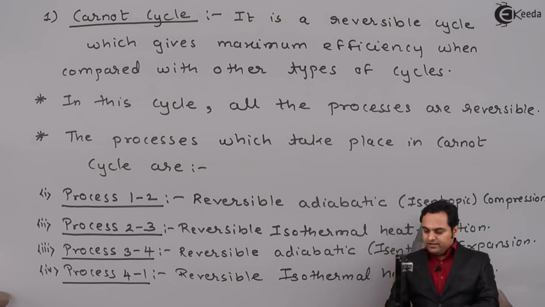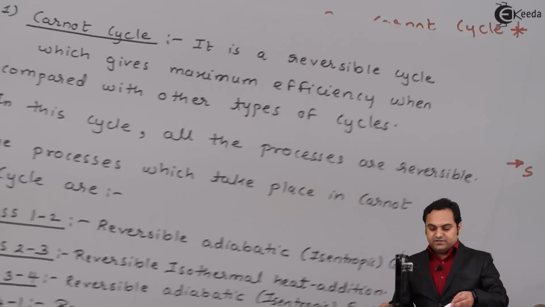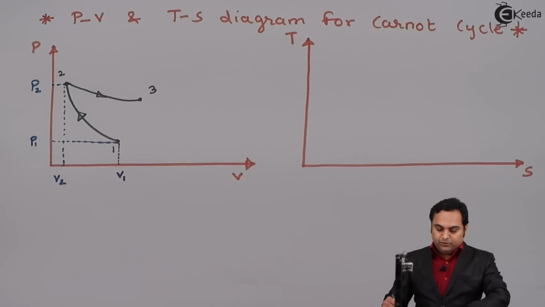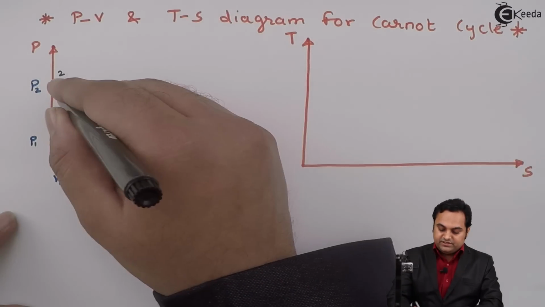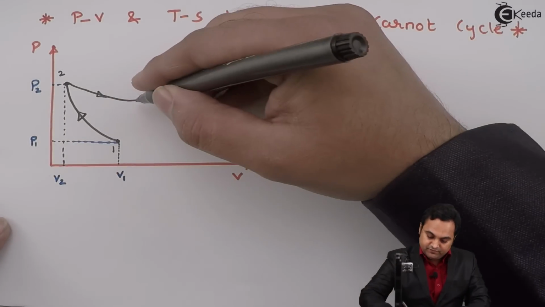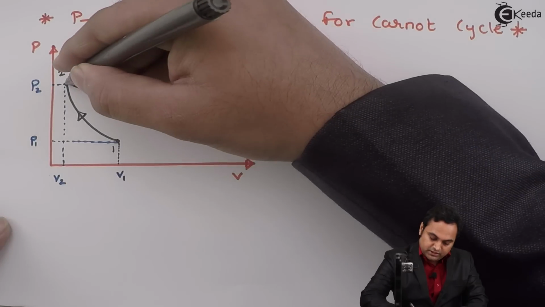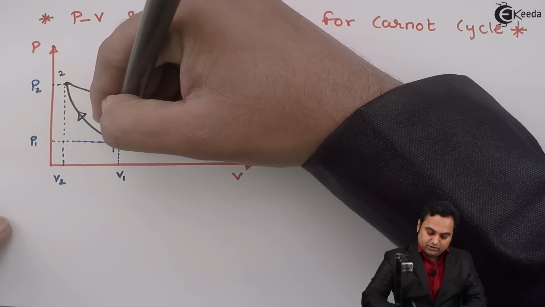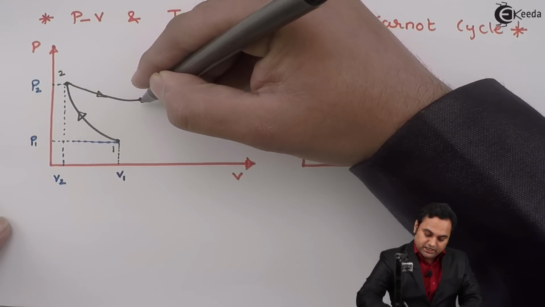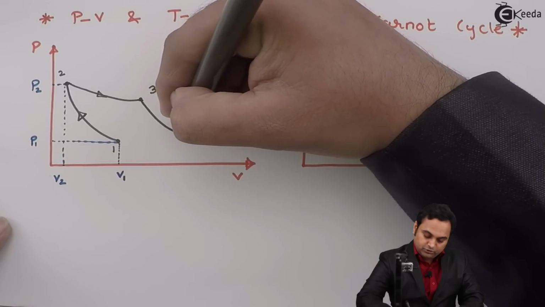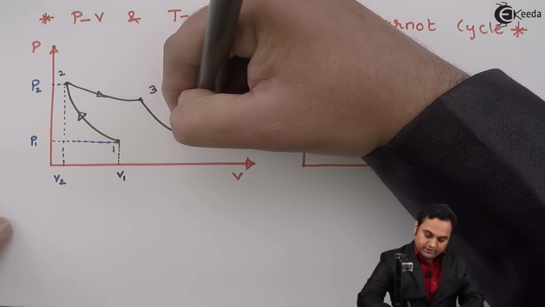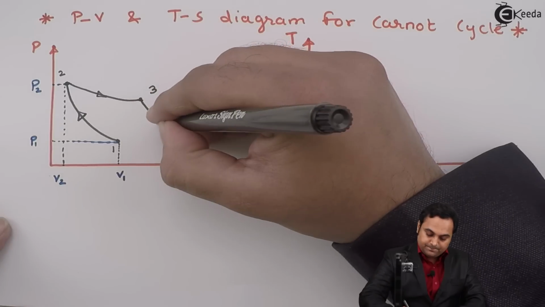Previously we have seen isentropic compression, now expansion. So after point number 3, that is once the heat has been added, there will be expansion process.